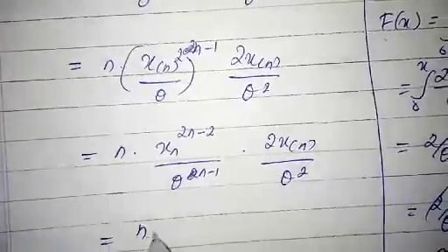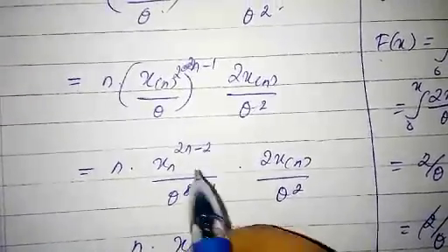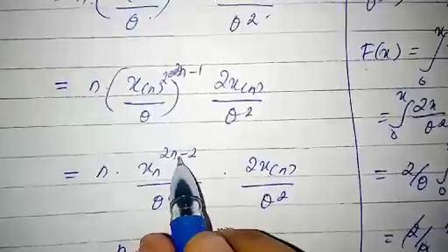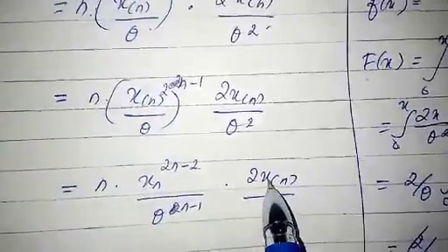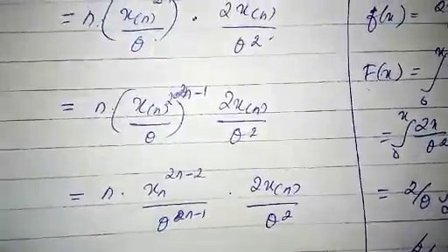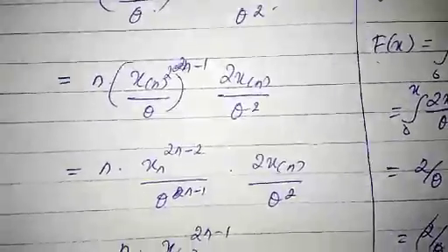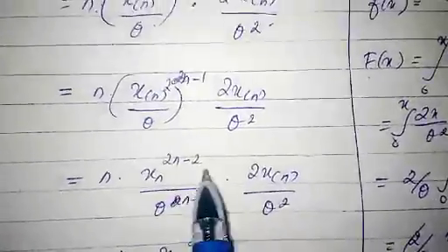It's equal to n into xn power 2n minus 2 and also xn, so 2n minus 1, right?